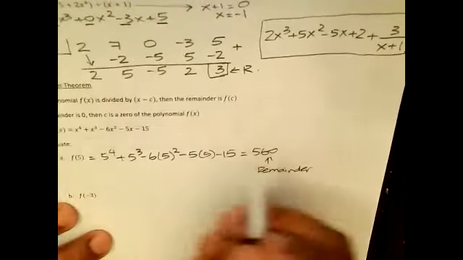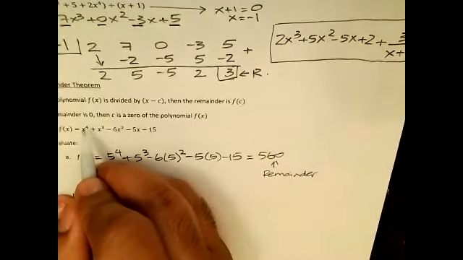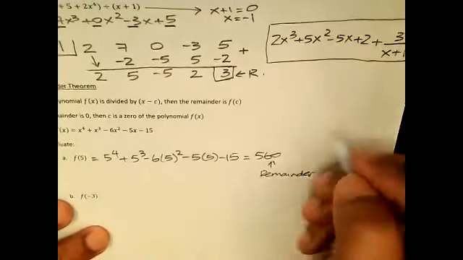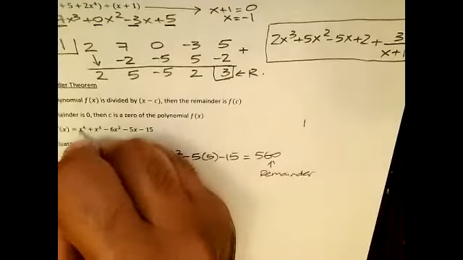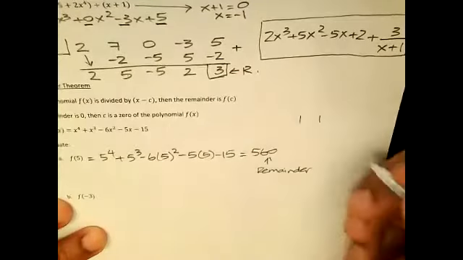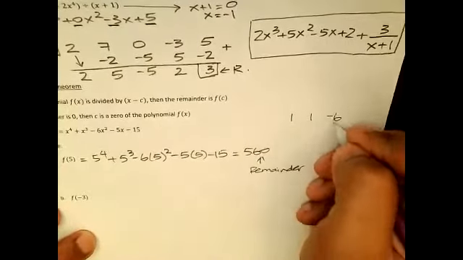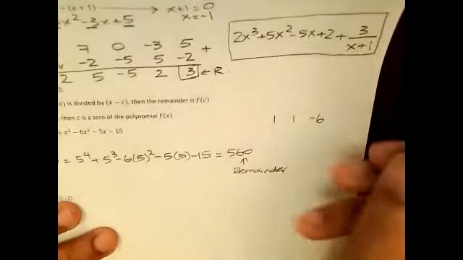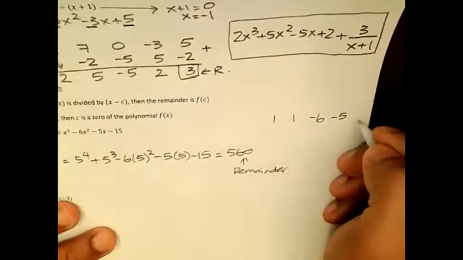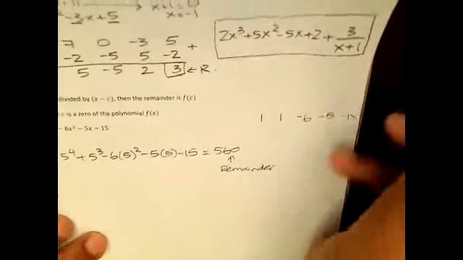So let me just set it up and show you. Okay, so I would have a 1, because I have 1x^4, and then another 1 for the 1x cubed, and then a -6 for the x squared, and then I have -5, and then -15.